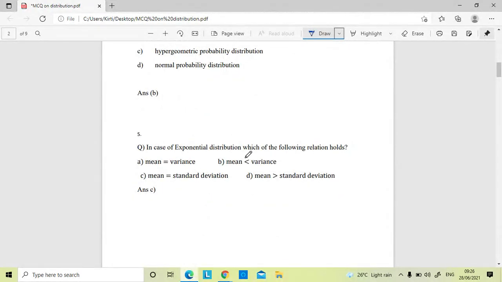In case of exponential distribution, which of the following relations holds? Exponential distribution. You should first know what is meant by the exponential distribution. It is defined as f of x is equal to alpha e raised to power minus alpha x for x greater than 0, and is 0 for x less than or equal to 0.